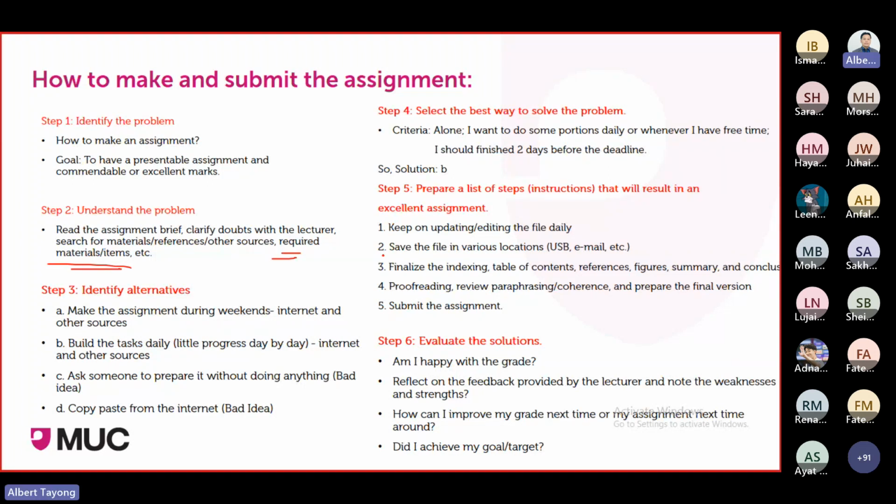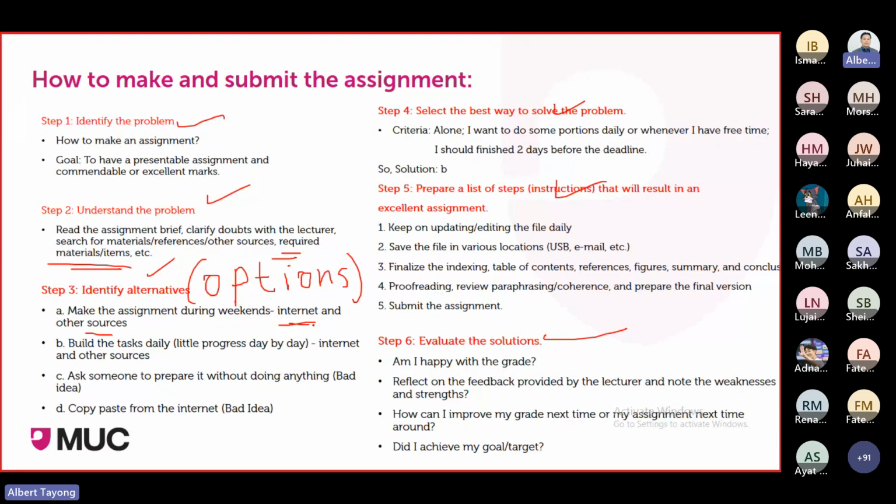Okay, so number 3 is alternatives, of course, or options. You have to write some details. You cannot just write the steps, these red ones. You have to explain. So make the assignment during weekends using internet and other sources.